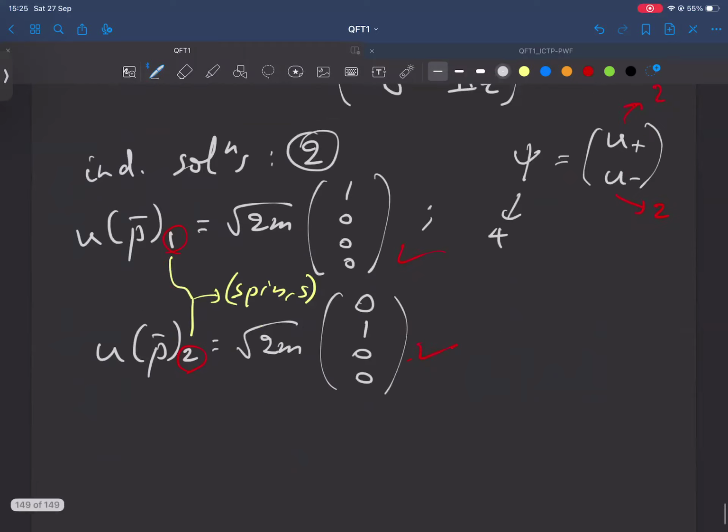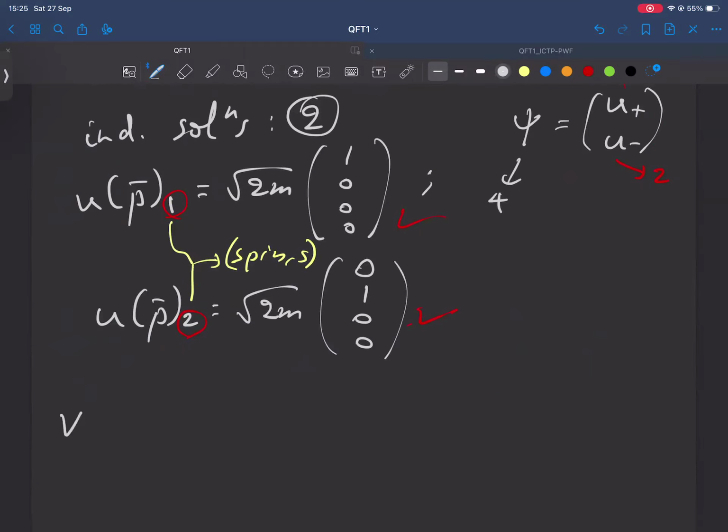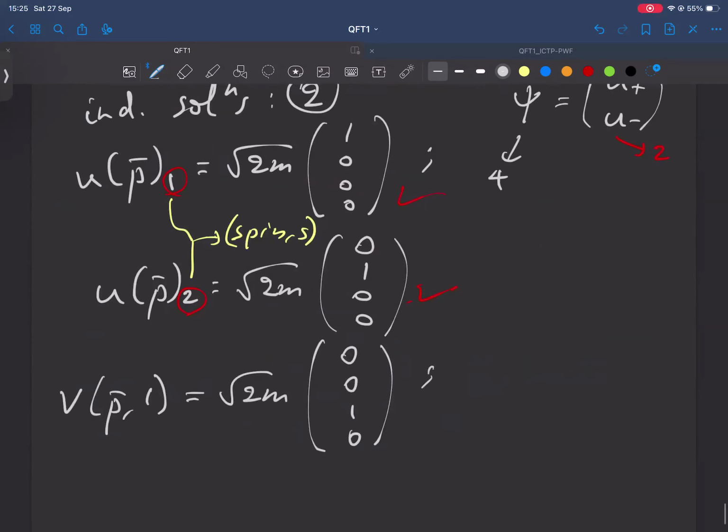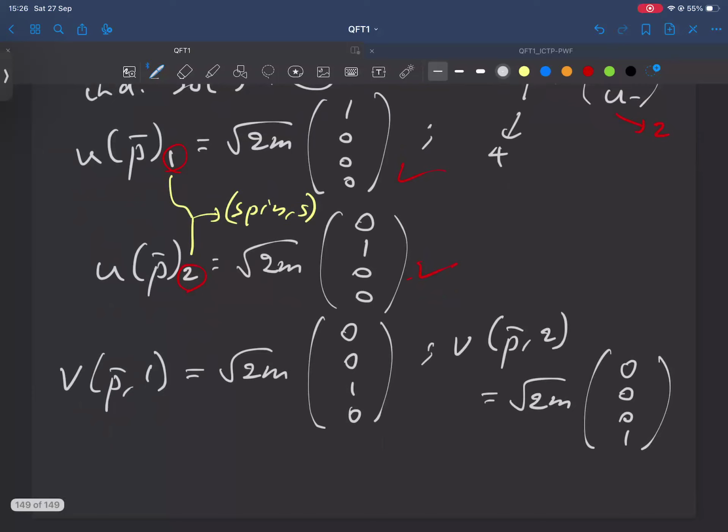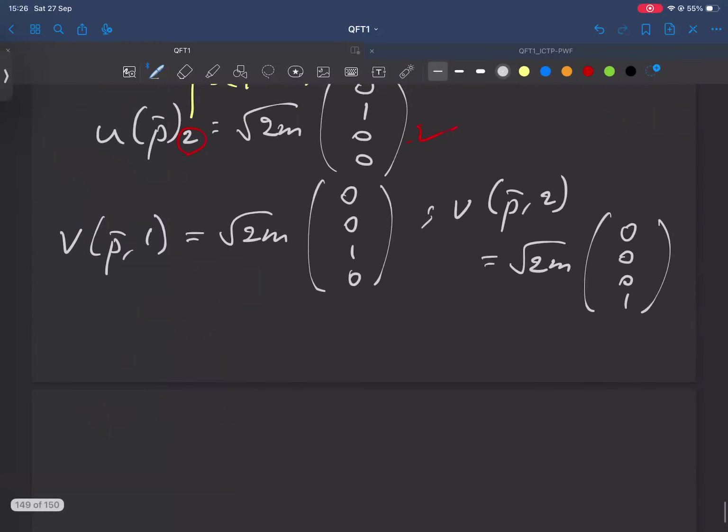Similarly, you can write the v's, which were the negative frequency solutions, as root 2m times vectors, and you could guess that they will fill out the lower components. You can explicitly show that they solve the Dirac equation, and hence they're indeed solutions of the Dirac equation. So these will be my positive frequency and negative frequency solutions explicitly.